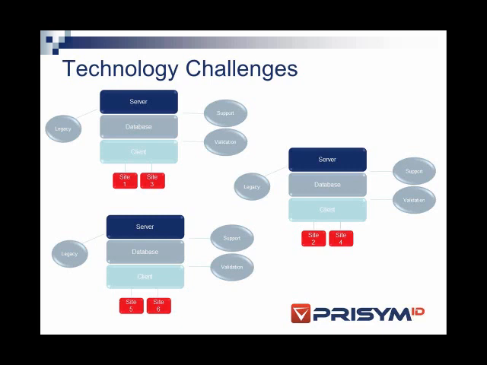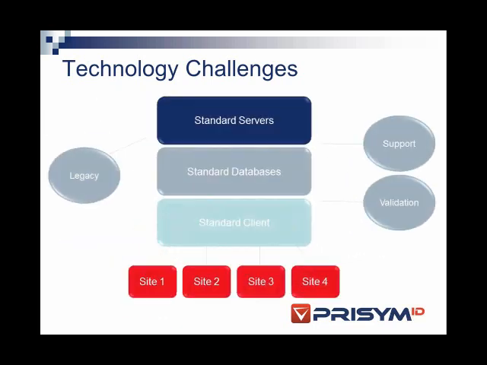How does introducing a global system make these challenges more manageable? Well, already we can see that we've got a simplified topology here. A single implementation of a true global system certainly makes these challenges more manageable. It doesn't make them go away completely, but it does make them more manageable.